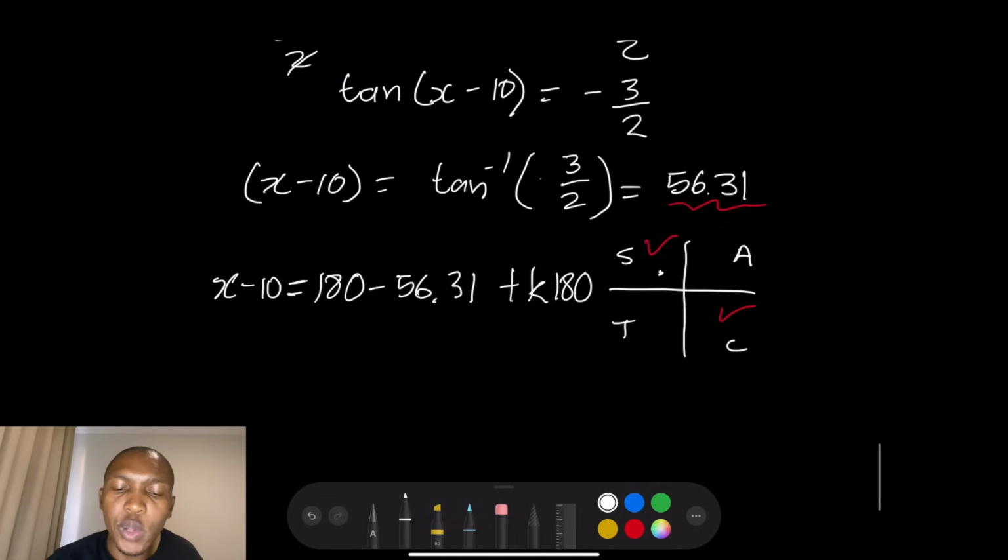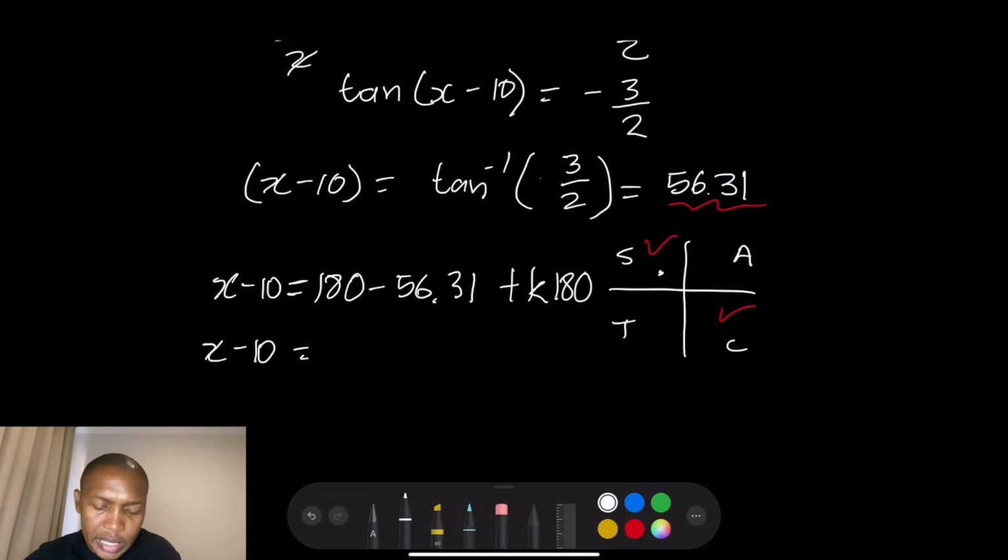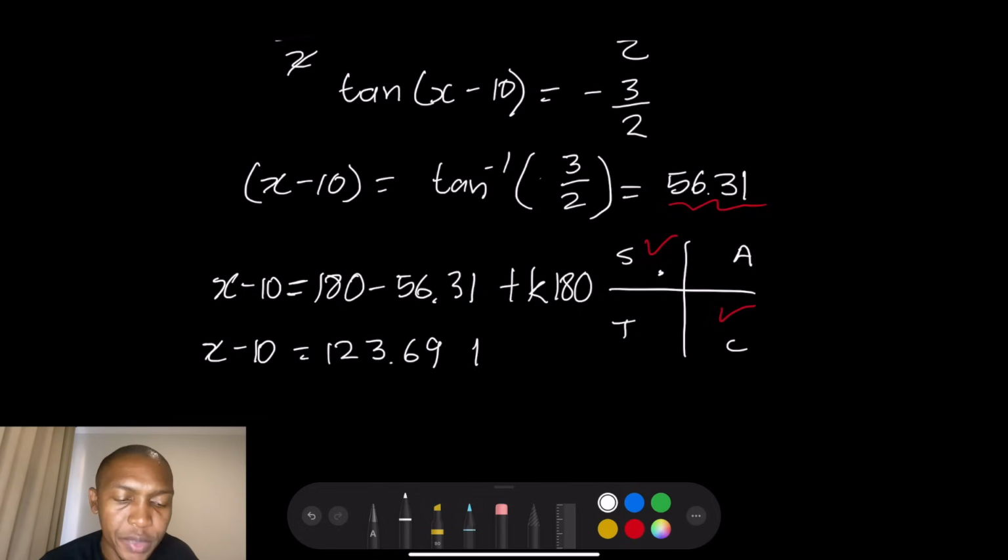So what would be my solution? x minus 10 is equal to 180 minus 56.31, and that gives me 123.69, plus 180k.